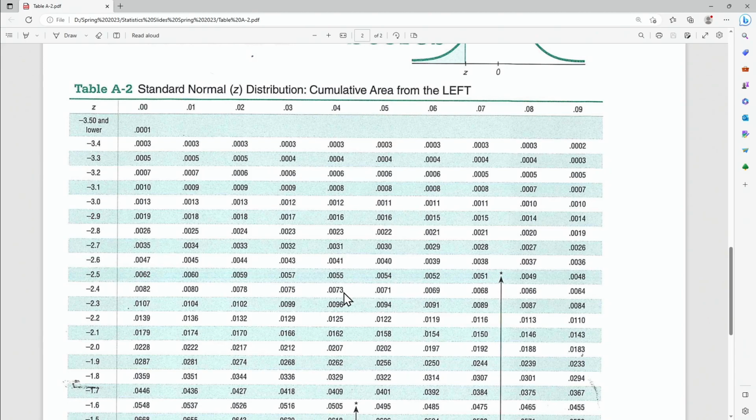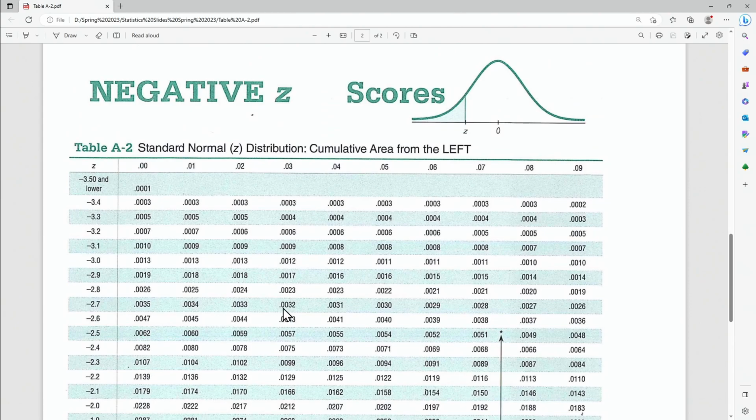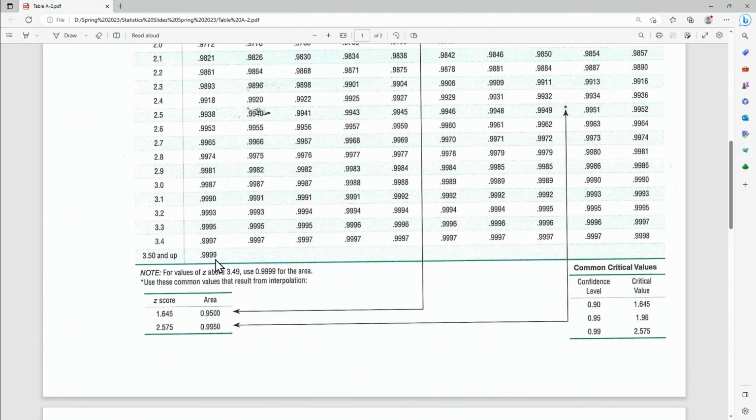But if you do in your homework, or if you have to do statistics in the real world, it's good to know that people will generally approximate as either a very small area if your z-score is below negative 3.50, or a very large area close to 1 if your z-score is 3.50 or higher. So here what we're going to use is 0.9999.